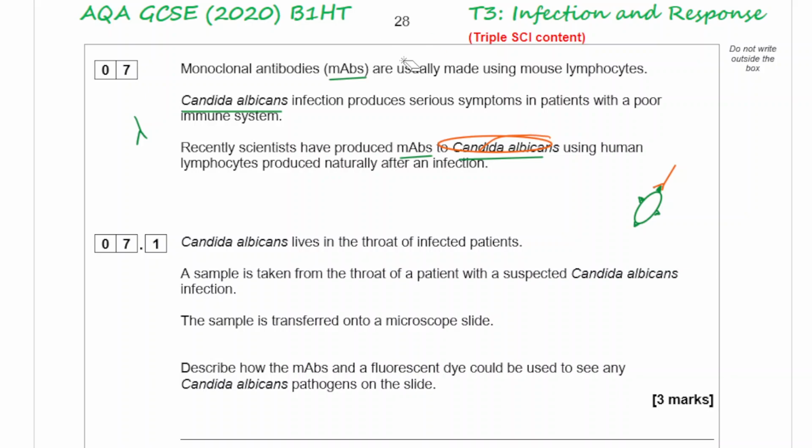Now, using this monoclonal antibody, we should be able to get these monoclonal antibodies to attach to this Candida albicans. So what the question is asking is, describe how the MABs and a fluorescent dye could be used to see any Candida albicans pathogens on the slide.